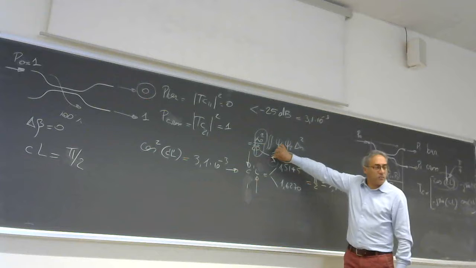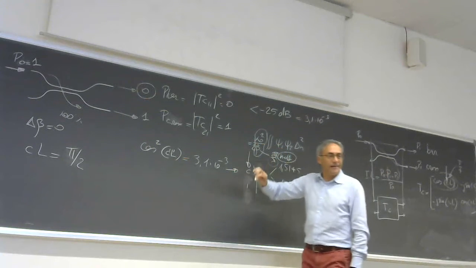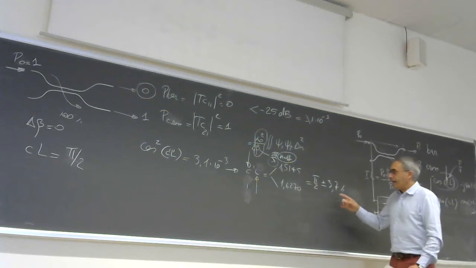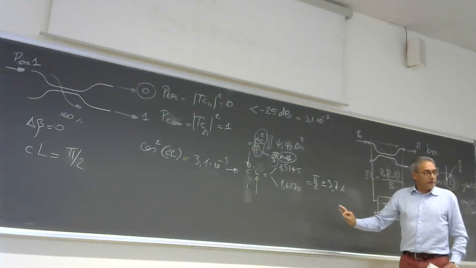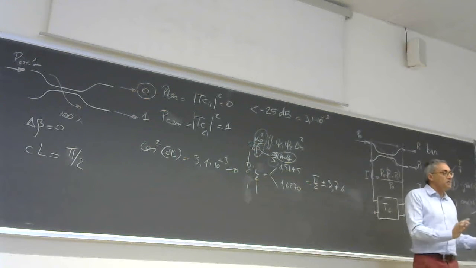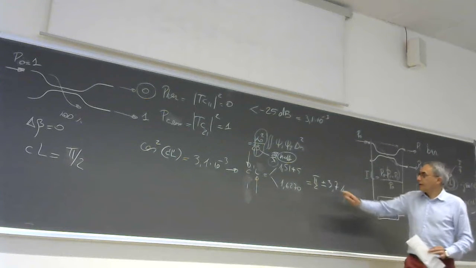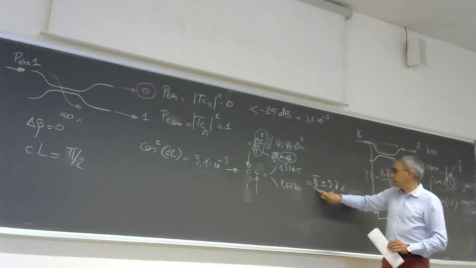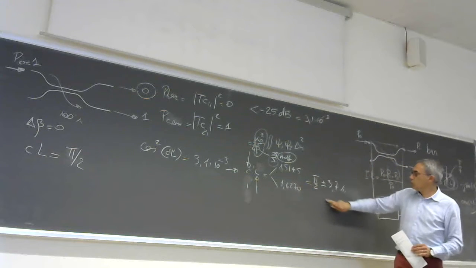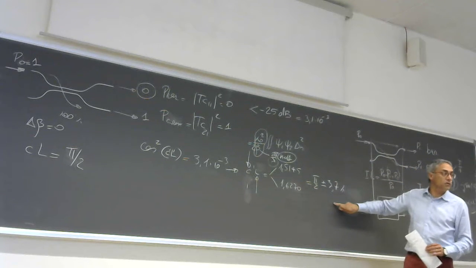So I have to expect that this design is for a given wavelength. And if I move from the design wavelength, C changes, and the risk is to move outside of this condition.